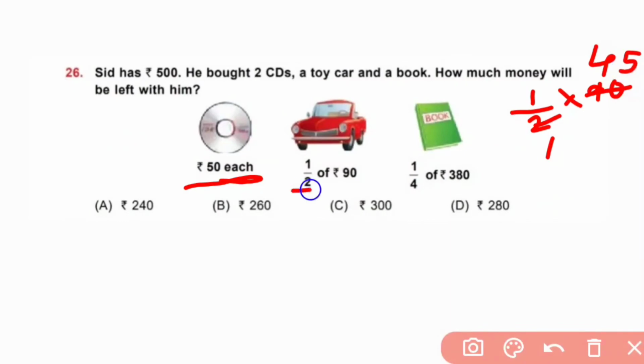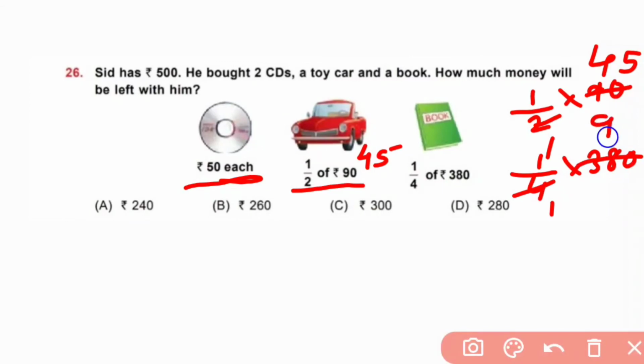So half of 90 means for 45 rupees. And 1/4 of 380. 1/4 of 380 means 1/4 into 4 into 380. Here 4 ones are 4, 4 nines are 36, 2 remaining, and 4 fives are 20. So 1/4 of rupees 380 means 95 rupees.